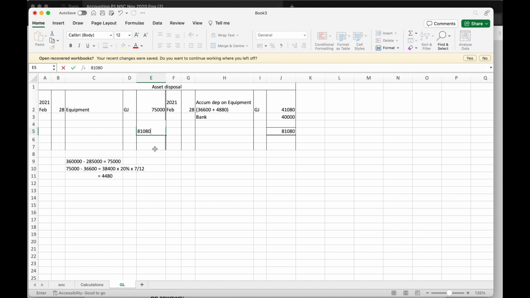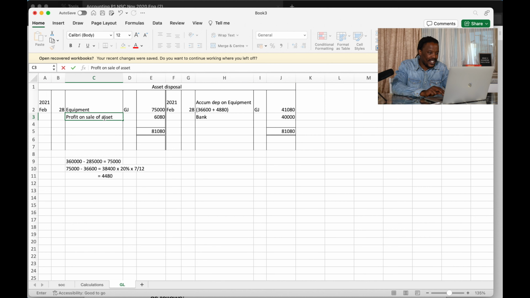Then you subtract what is given there from that total, and you get your profit on sale of asset. And that's how it's done.